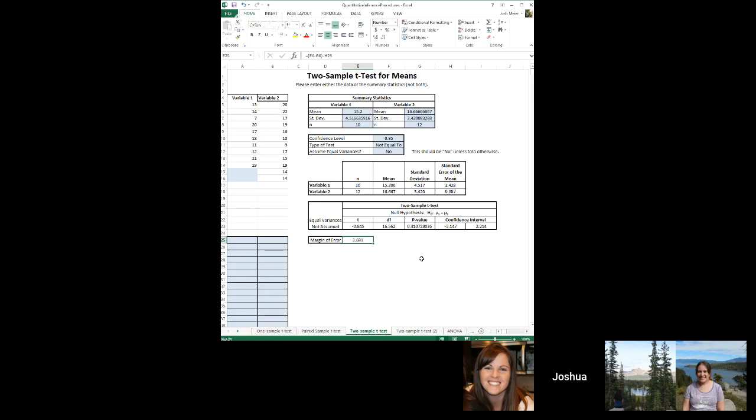Even if you were to write out an Excel sheet on a piece of paper, you would need to find the standard deviations. I don't know what you do with the standard deviations. Or the degrees of freedom for that matter, because the degrees of freedom say 16.562, but there are 22 samples in total.